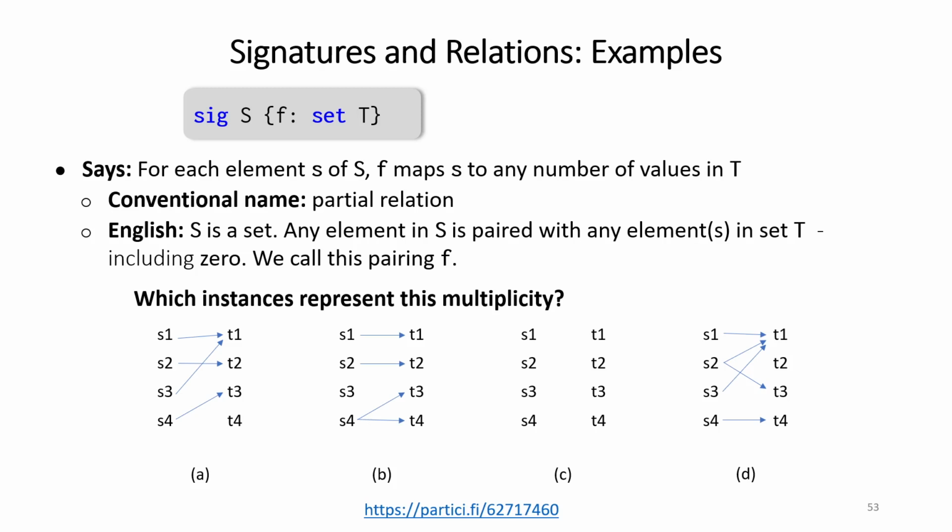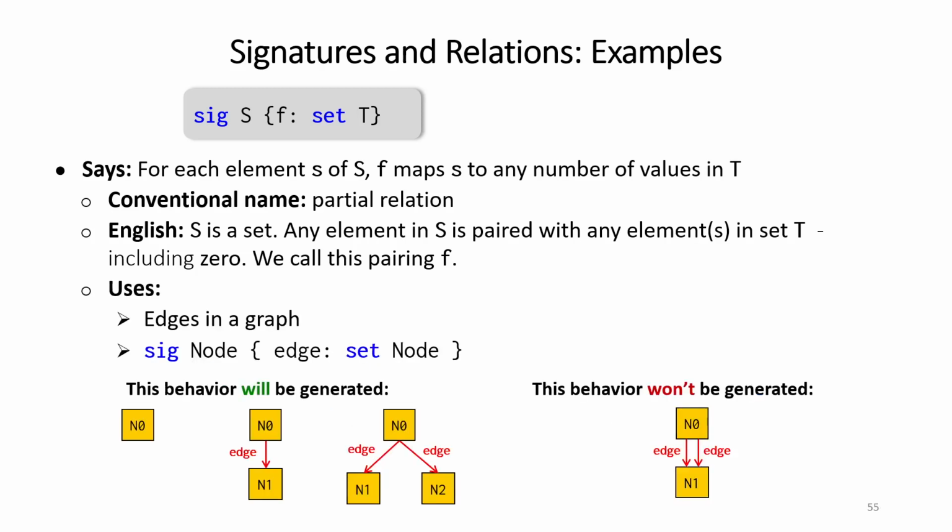Now set. Does this one reflect the multiplicity set? So set means we don't care how many are associated. Yes. So this one does, this one does, this one does, this one does. They all do, right? Because if we don't care how many are associated, then all of them will satisfy this. So yes, all of them are satisfying this set multiplicity.